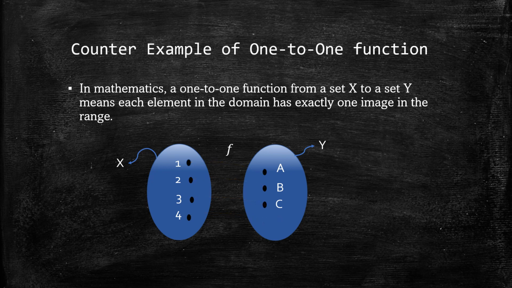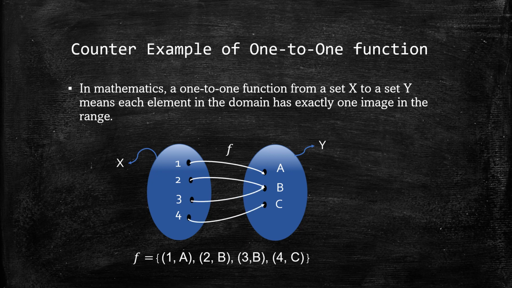Another example of one-to-one. Now, why is this one a counterexample of one-to-one? Because 2 is related to B and 3 is also related to B. So this is not a one-to-one function.